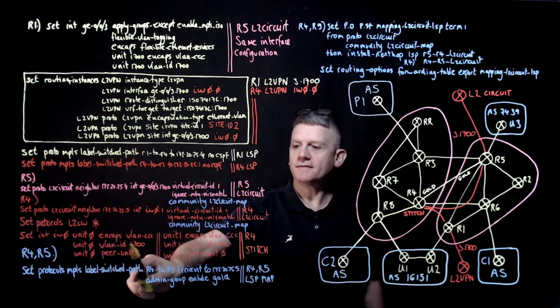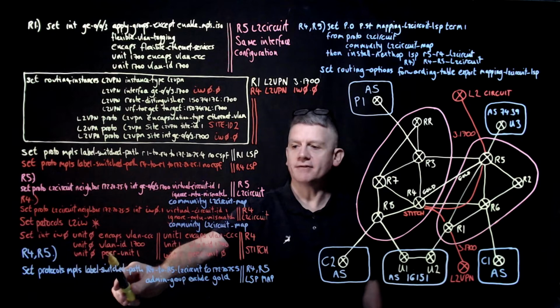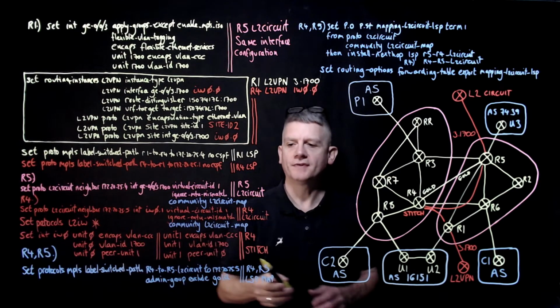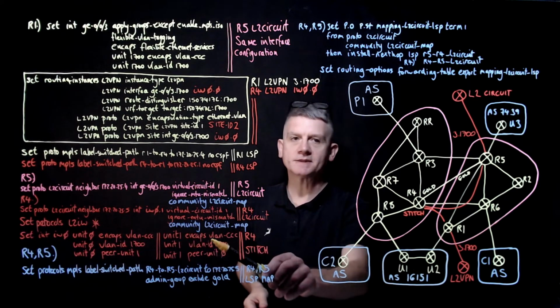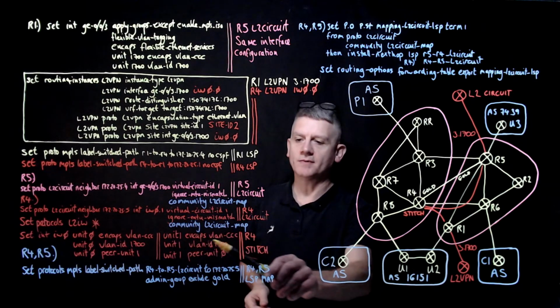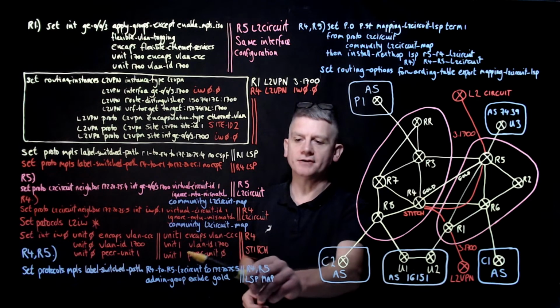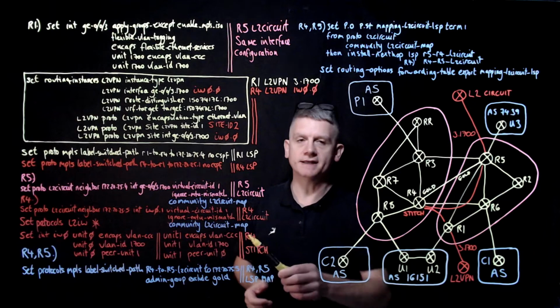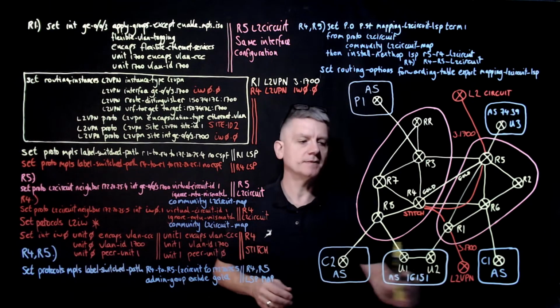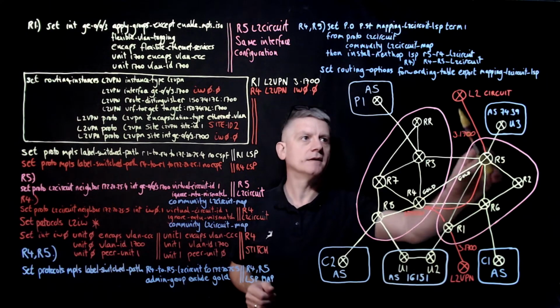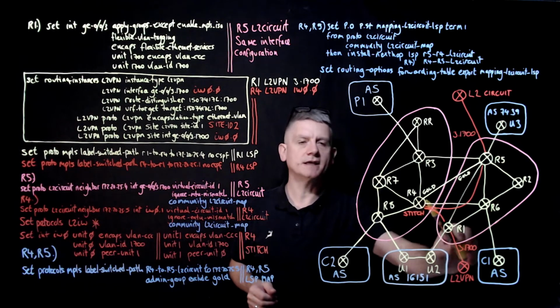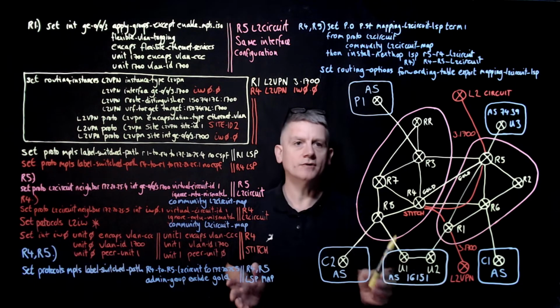We've got unit 0, VLAN ID 1700, unit 0 peer unit 1, and then we have unit 1 encapsulation VLAN CCC, unit 1 VLAN ID 1700, unit 1 peer unit 0. That's going to stitch them together. So we've configured L2VPN, L2 circuit, stitch them together, all good to go.